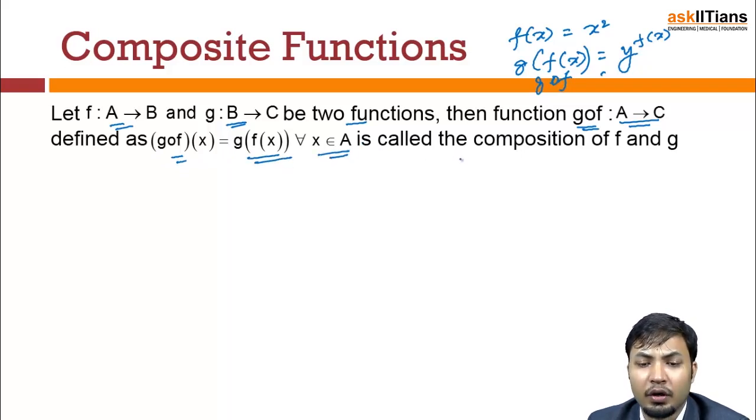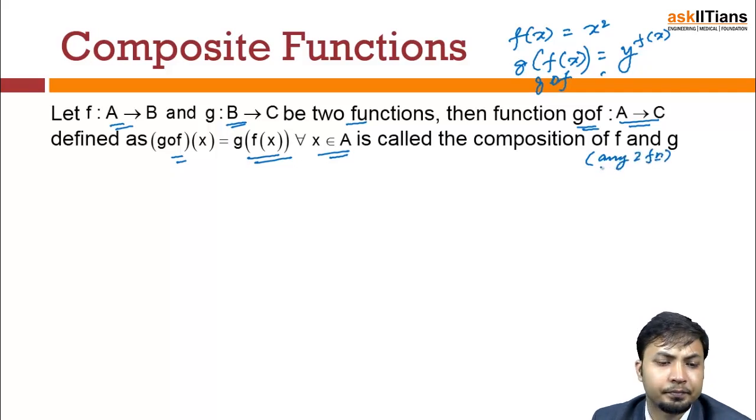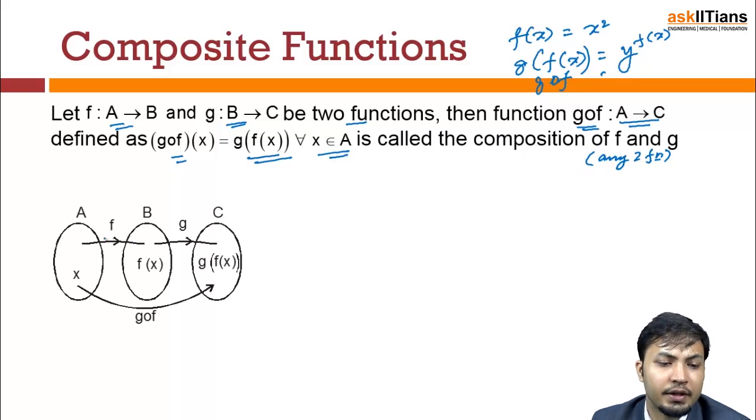So this is called the composition of f and g. Basically any two functions, if A to B, B to C, then it will be like this.